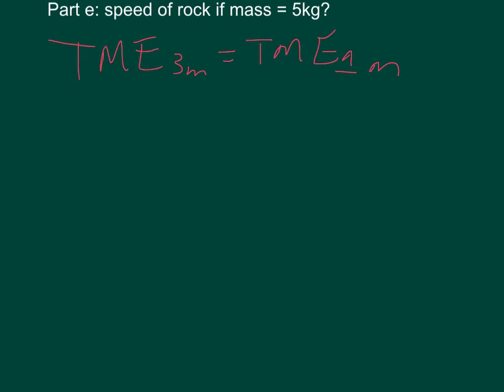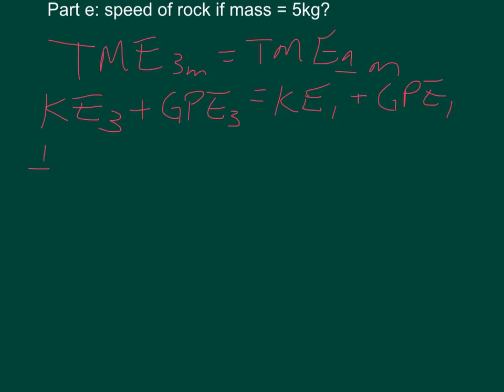And so what we can do here is let's just plug it in. Kinetic energy at the 3 meter point plus gravitational potential energy at the 3 meter point equals kinetic energy at the 1 meter point plus gravitational potential energy at the 1 meter point. Well, let's put in the values here.